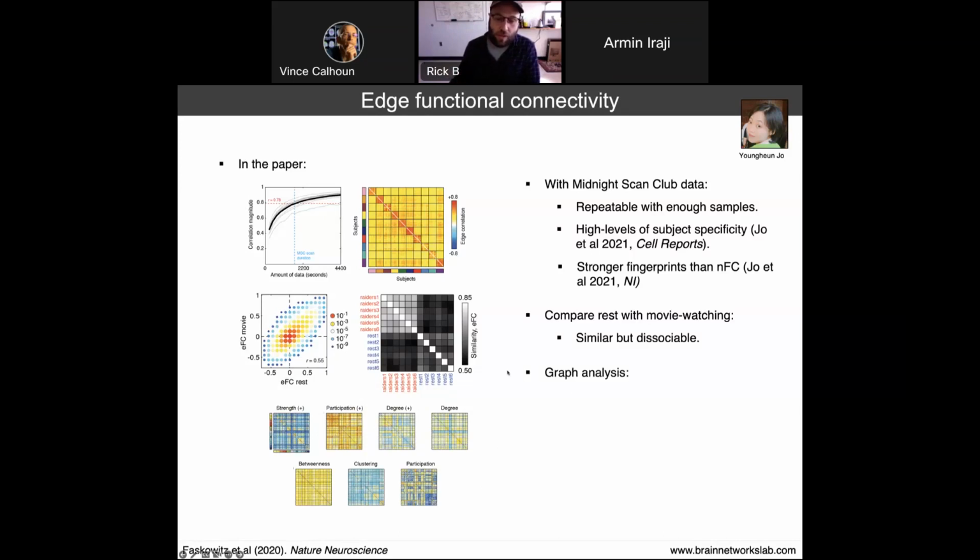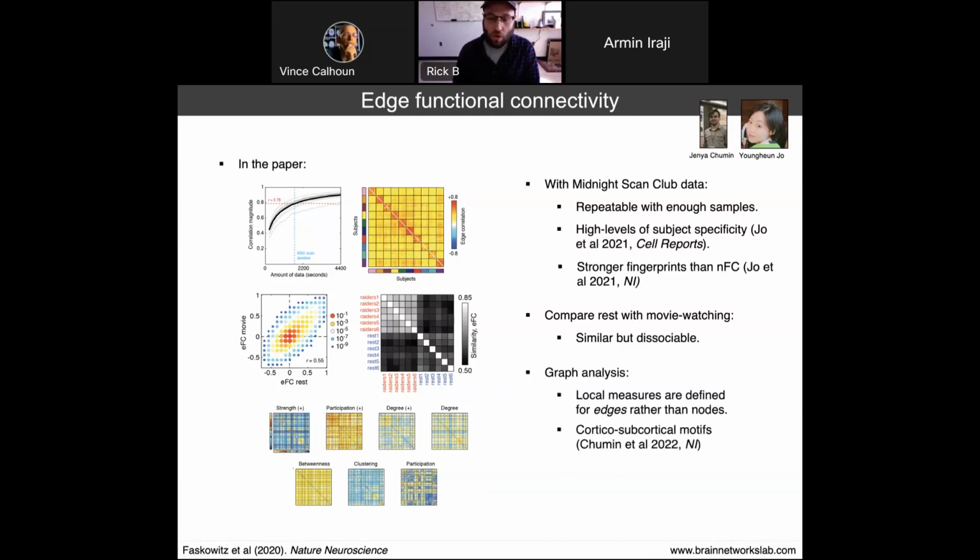We haven't followed this up very much, but in principle, you could carry out network analyses on the edge connectivity matrix as well. We've also looked since then at motifs, which is another form of graph analysis. In the paper, we examine brain behavior correlations and do a lot of benchmarking to confirm very obvious confounds like respiration and cardiac artifacts and emotion, of course, which doesn't seem to be impacting the edge functional connectivity very much.